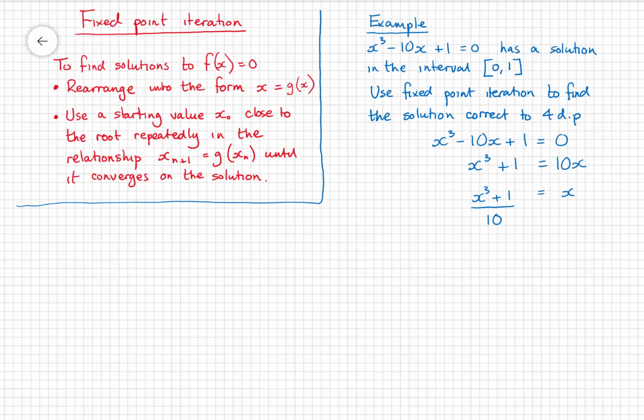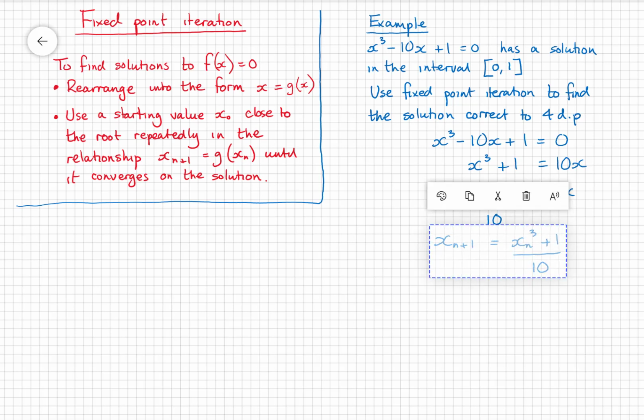So we have x on one side, and our g of x is x cubed plus 1 all over 10. That we can now rewrite as xn plus 1 is equal to xn cubed plus 1 over 10.